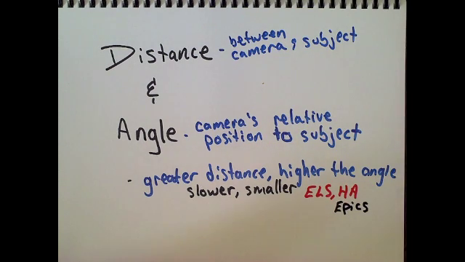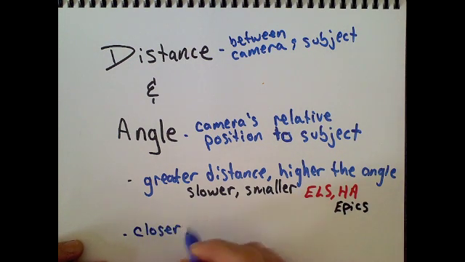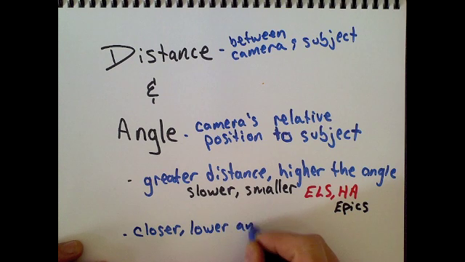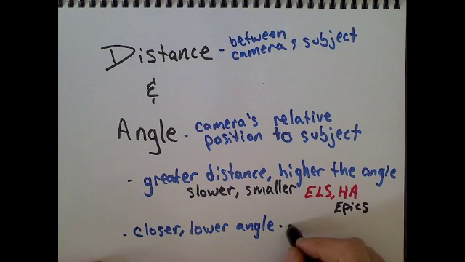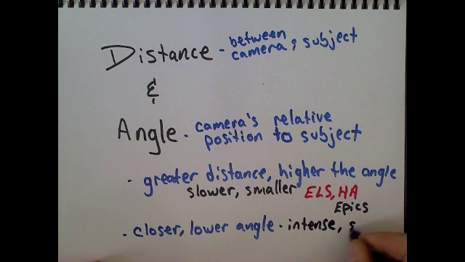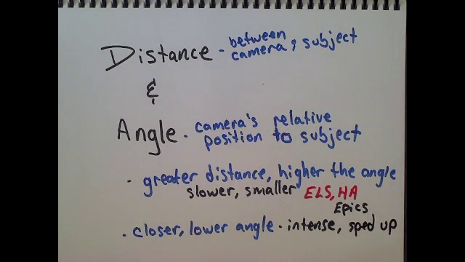Okay? However, the closer the camera is, and the lower the angle, causes events and motion to seem intense and sped up. So dramas use a lot of these close and low angles.